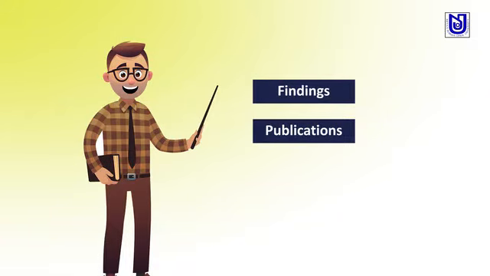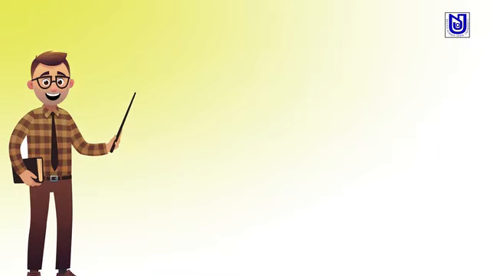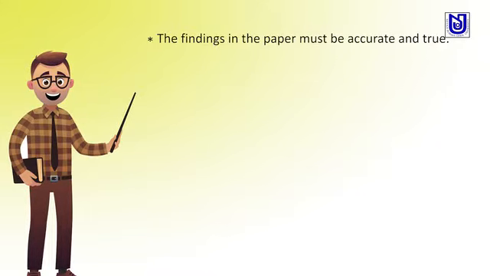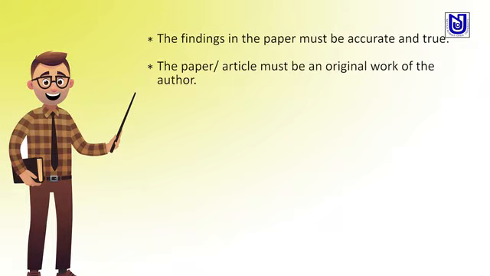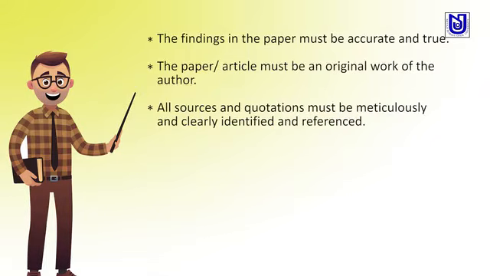So, in case of findings, you must follow certain norms. Like the findings in the paper must be accurate and true. The paper or article must be the original work of the researcher. All the sources and quotations must be meticulously and clearly identified and referenced.